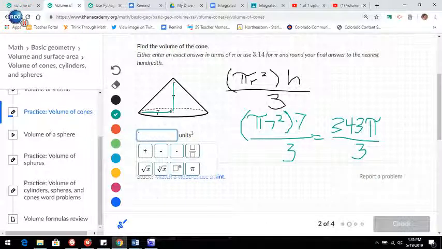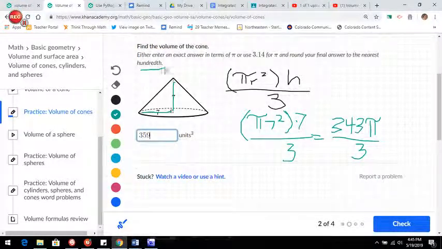So that gave me, let's see, enter an exact answer, or, oh, it does say you can enter an exact answer. Well, in this one, it's not quite as easy. Nearest hundredth. Oh, if we're rounding to the nearest hundredth, my answer was 359 on the calculator.